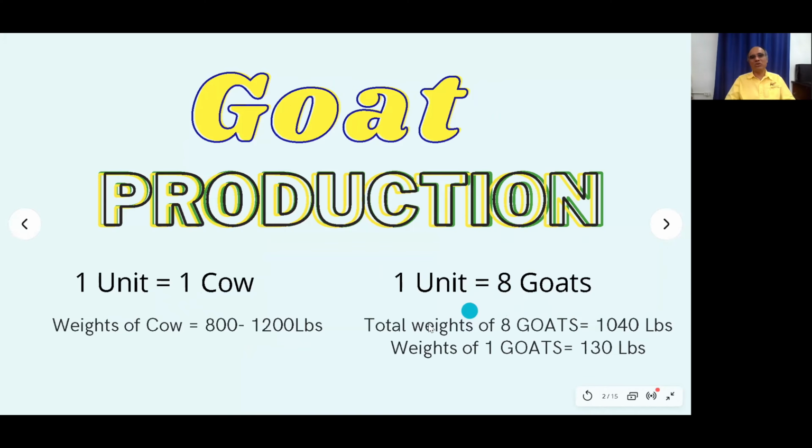A cow weighs an average of 800 to 1200 pounds, whether milking or meat type, and 1 unit of goats, which is 8, has a total weight of 1040 pounds. I'm averaging that a goat weighs 130 pounds. So this will give us something to compare with.